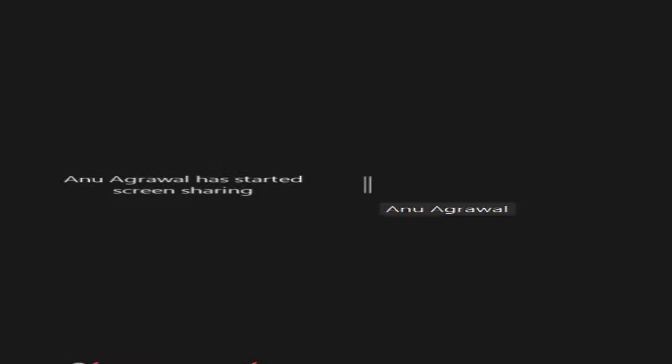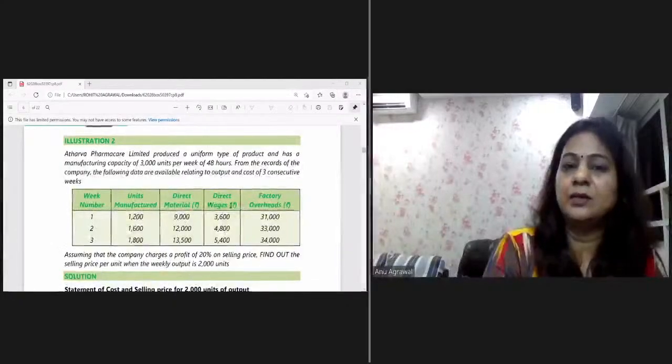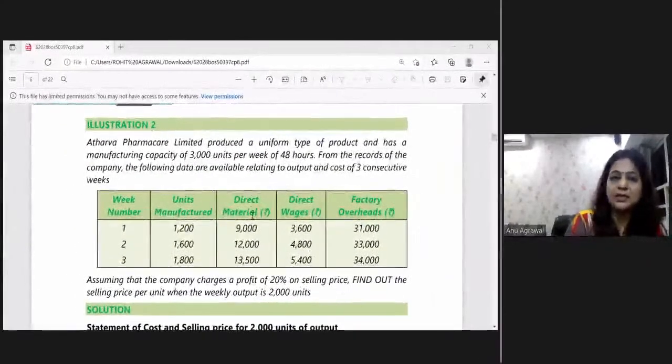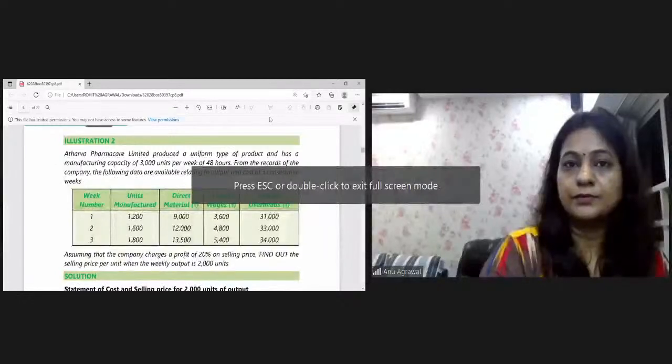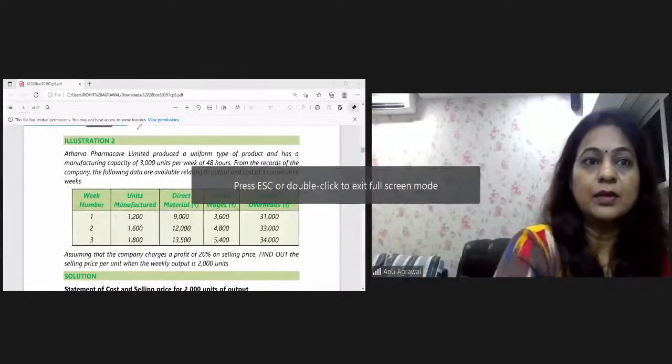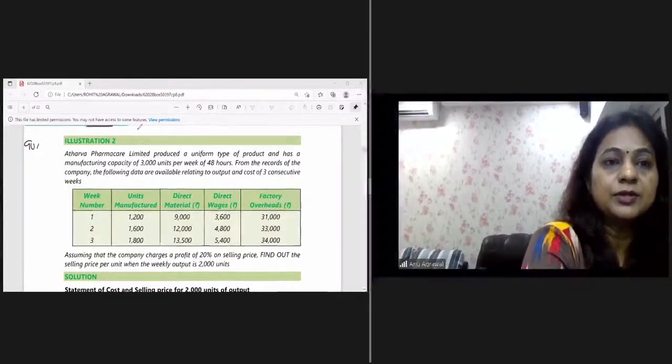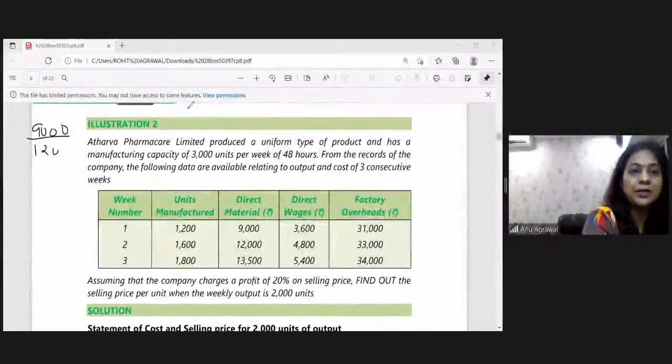2,000 units. You need to understand material, wages, overheads. Now, material and wages, I calculated for you 9,000 divided by 1,200 is 7.5.